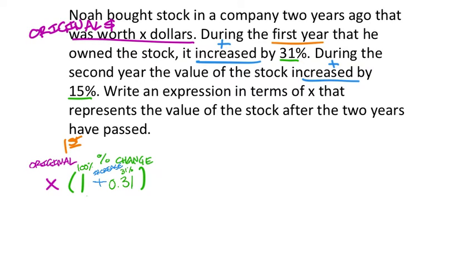Now when I add these two values together for the percent change, it ends up being 1.31 times x. I'm just going to switch these around so it looks a little more familiar. It's 1.31 times the x right there.